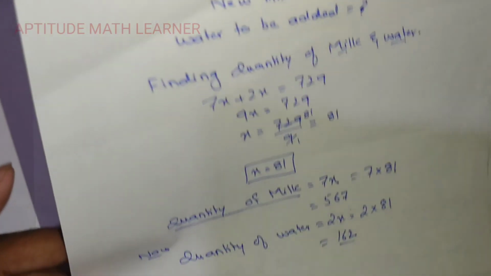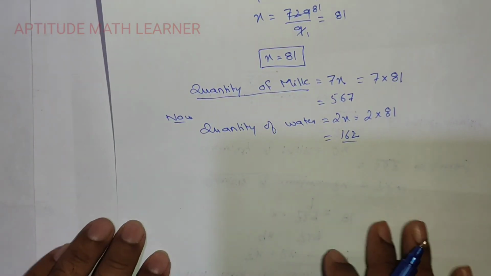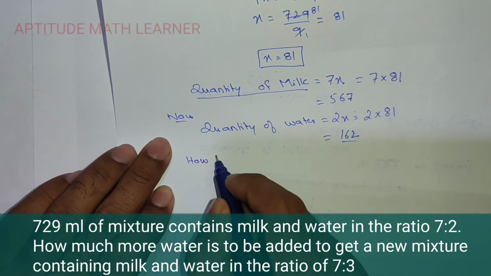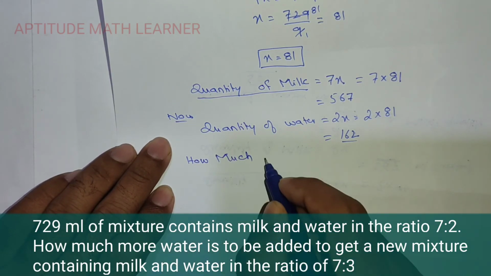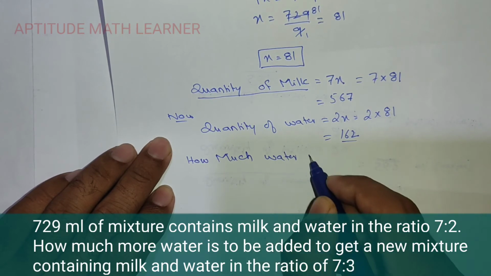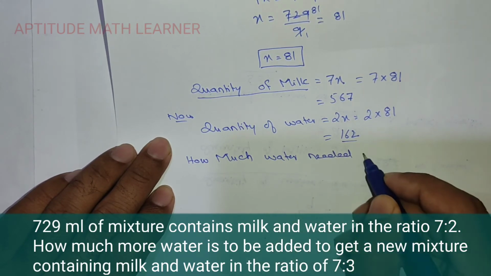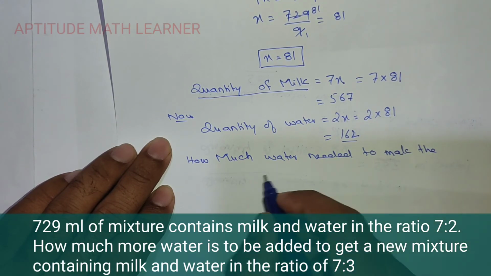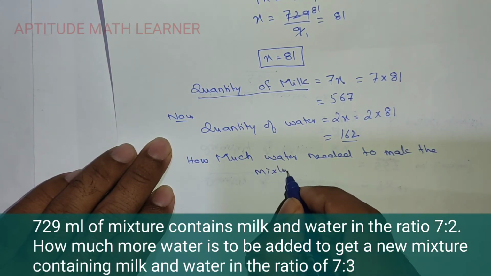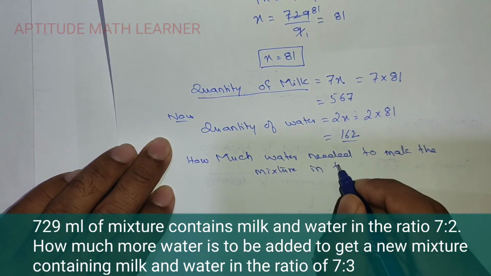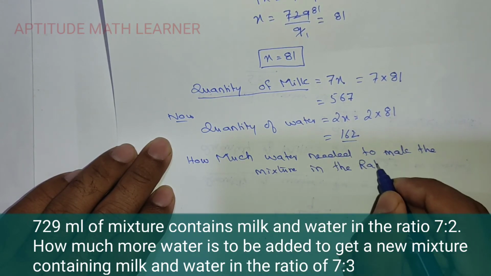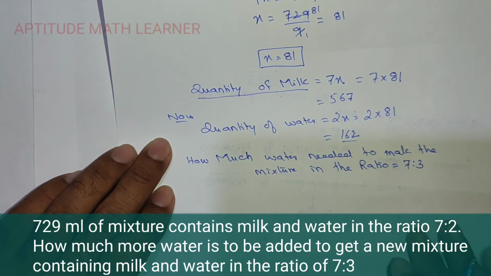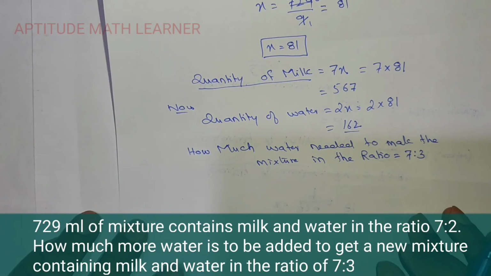Now we have to find how much water is needed to make the mixture in the ratio 7:3. Let's find.